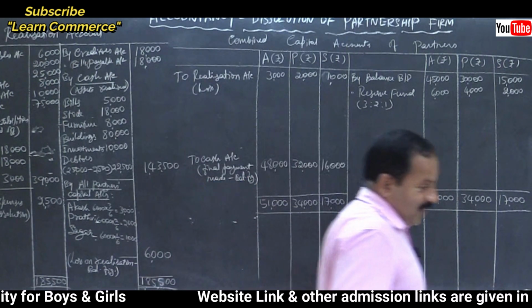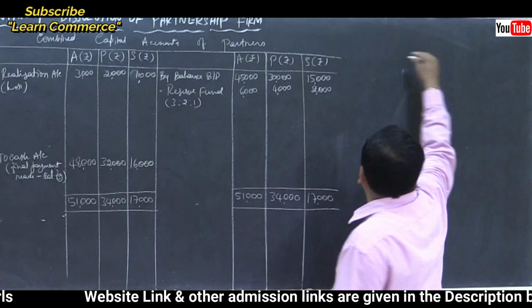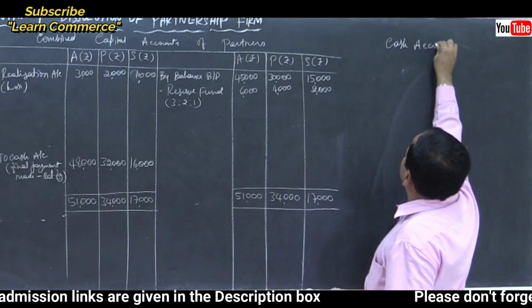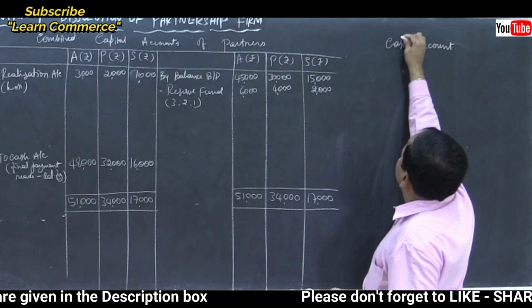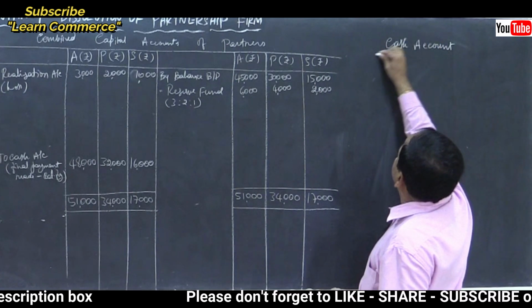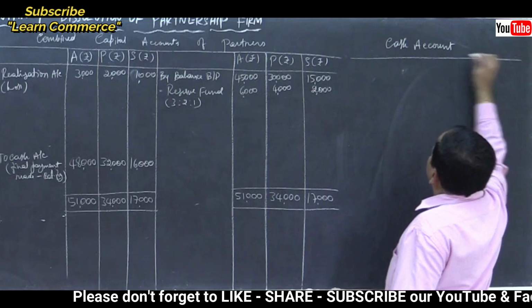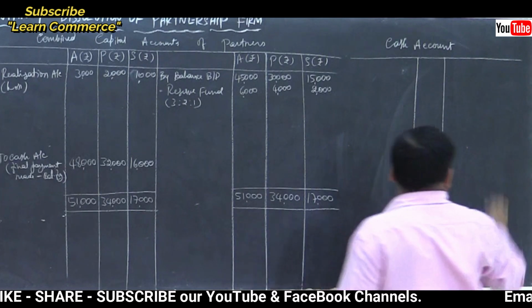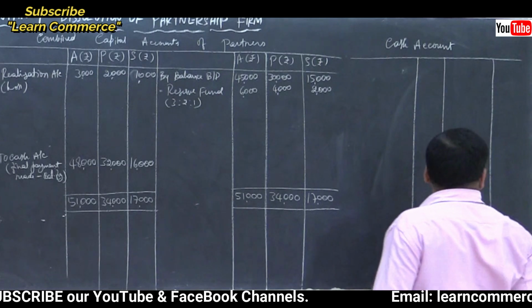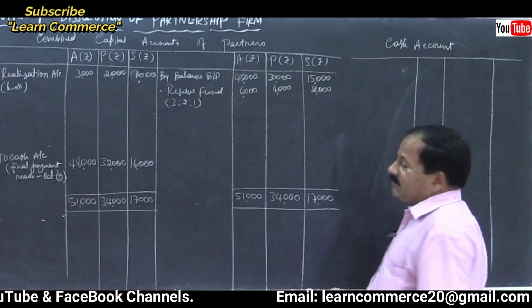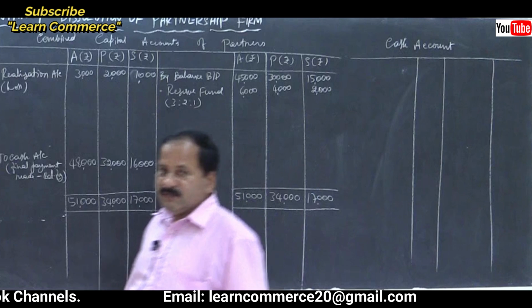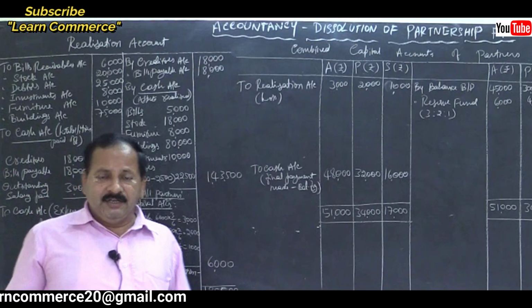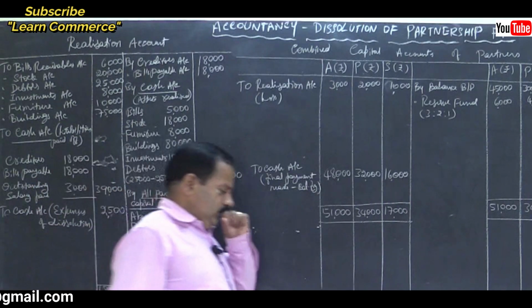Yes, let us move on to the last part, cash account. Draw the columns. Debit, credit, then particulars, JF, amount in rupees.